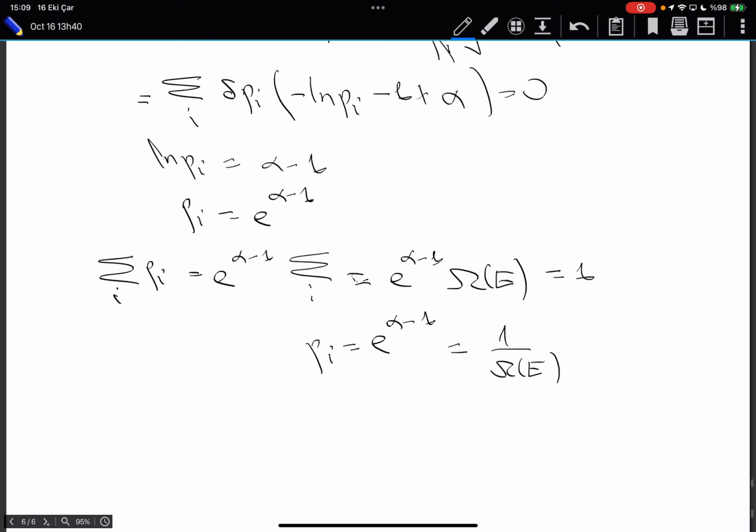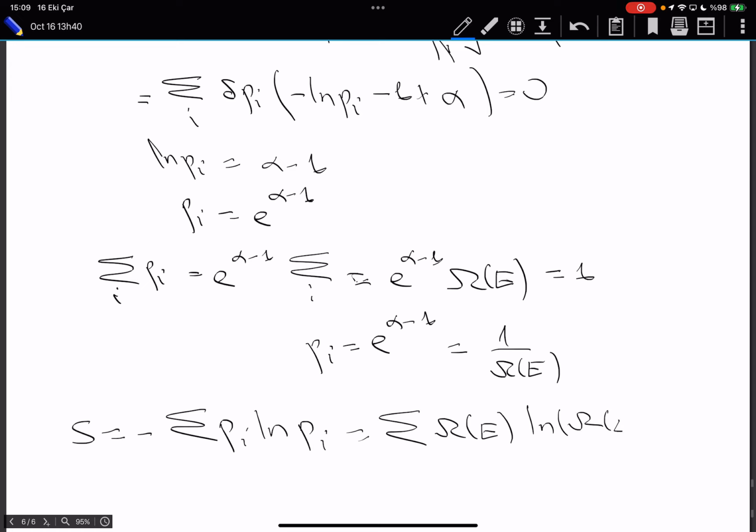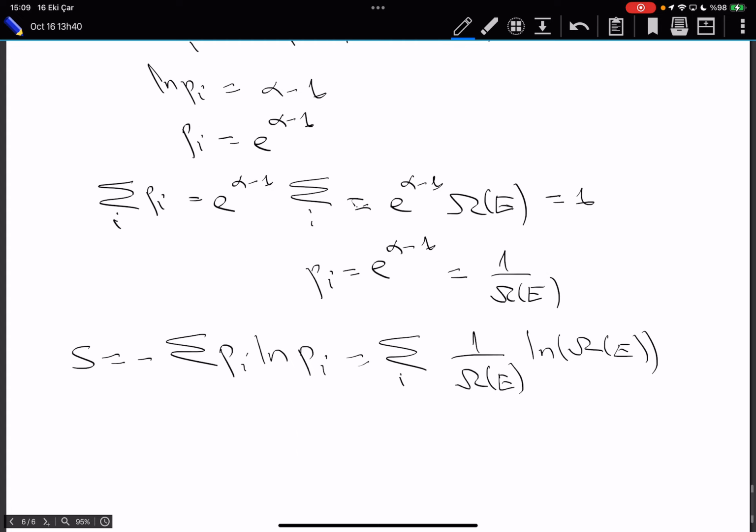Now what is the entropy? Well, we already have the expression of the entropy. Sum over omega of E, logarithm, it is minus the logarithm of omega of E. Sorry, pi is 1 over omega of E. Sum over all microstates.